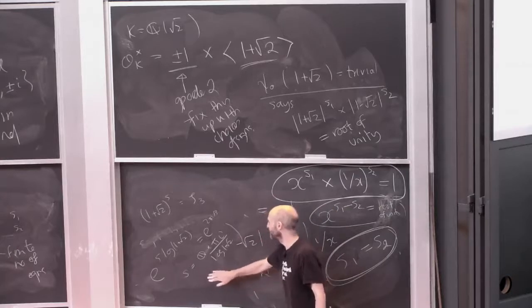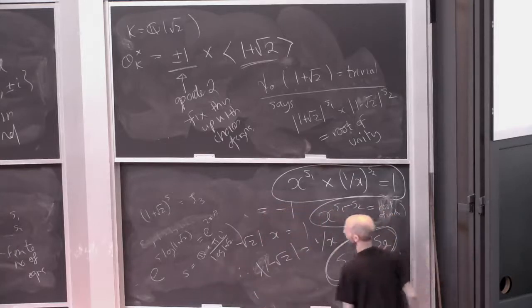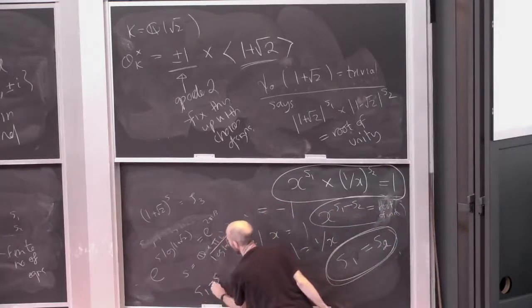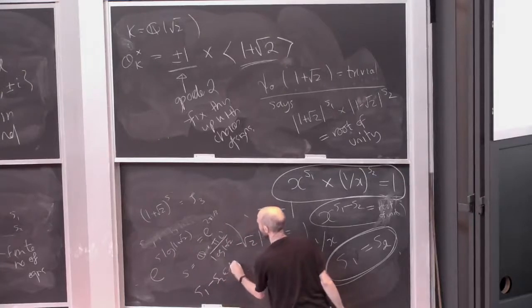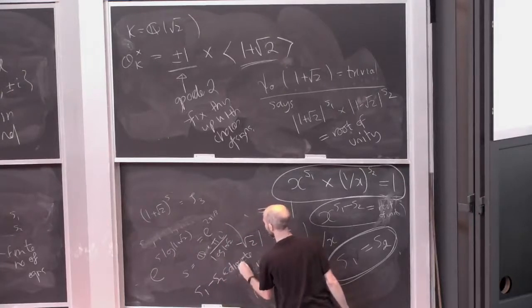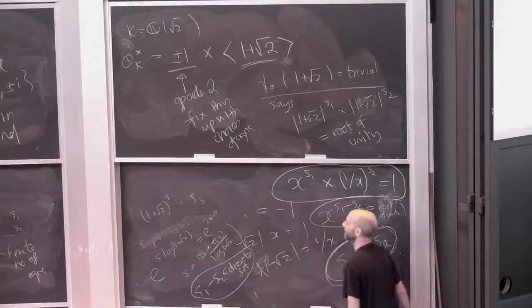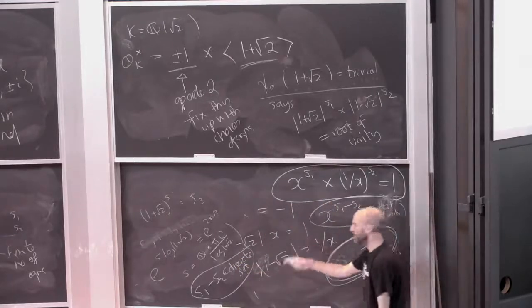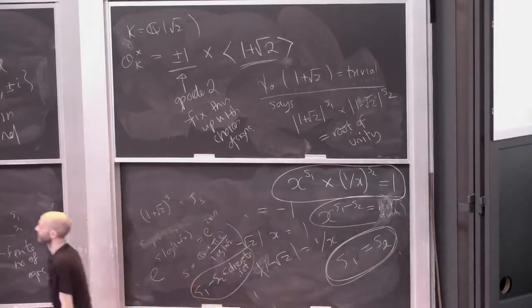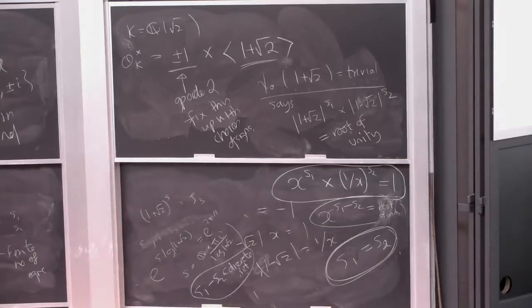So S1 take away S2 must be in some discrete set. And so we don't really have 2 degrees of freedom. What we actually have is one complex variable and then another amount of discrete data.